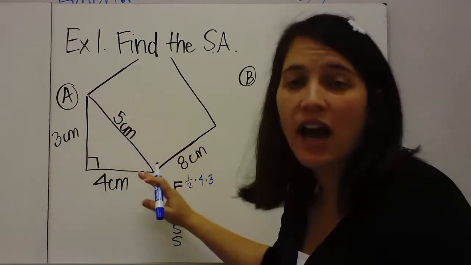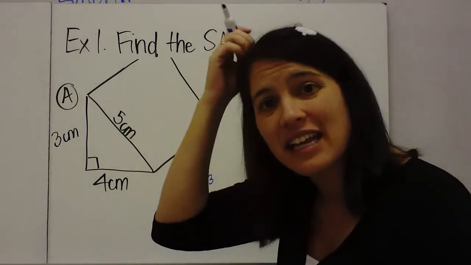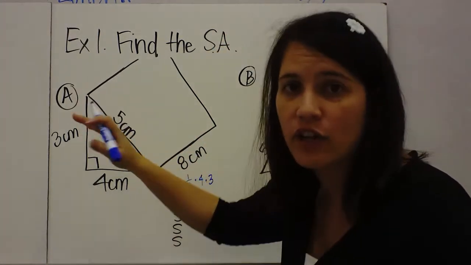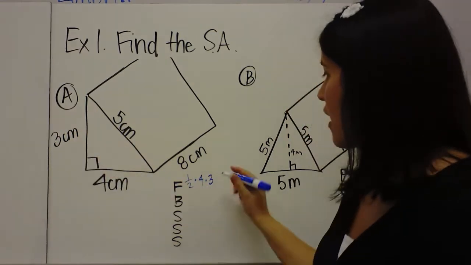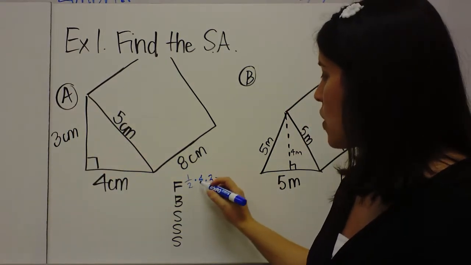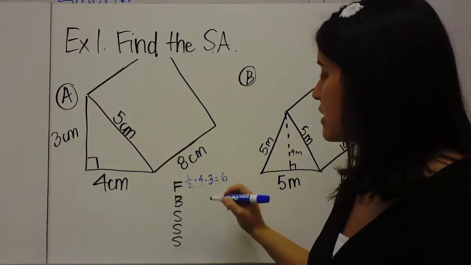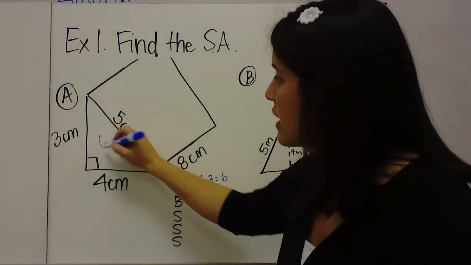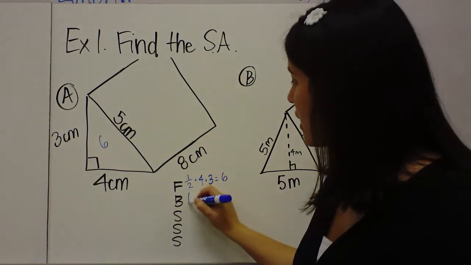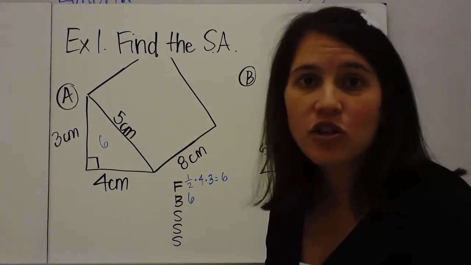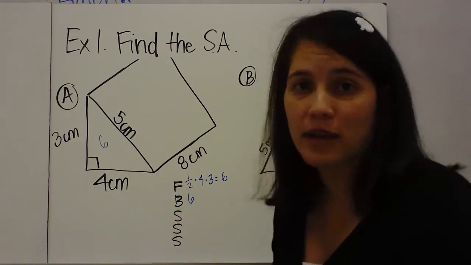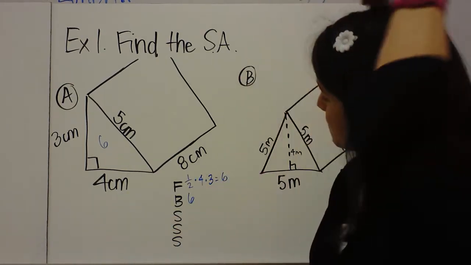We do not use 5 because that's slanted. So don't use 5. We only use the base and the height. And 1/2 times 4 times 3 is going to give us 6. So if the front is 6, then the back is going to be 6. They're both going to be 6.